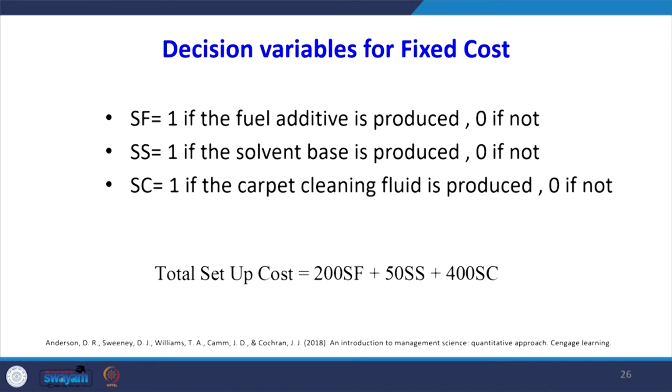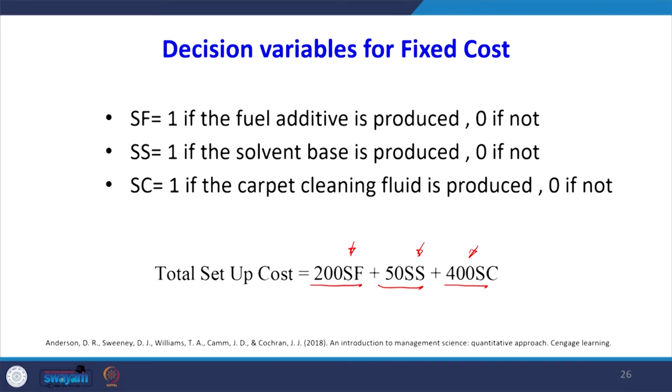From the table in the previous slide, the setup cost is 200 for fuel additive, 50 for solvent base and 400 for cleaning fluid. If I produce product F, I incur the fixed cost of 200. If I produce solvent base, I incur a fixed cost of 50. Similarly, if I produce carpet cleaning fluid, I incur a fixed cost of 400.